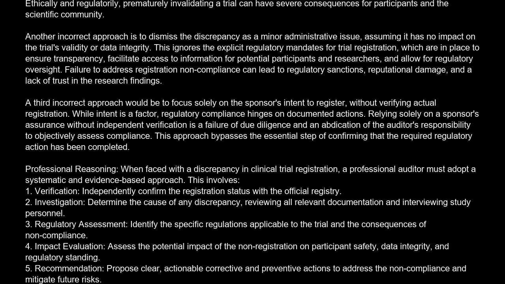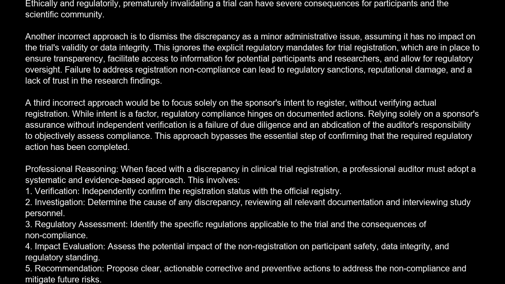Professional reasoning. When faced with a discrepancy in clinical trial registration, a professional auditor must adopt a systematic and evidence-based approach. This involves: 1. Verification. Independently confirm the registration status with the official registry. 2. Investigation. Determine the cause of any discrepancy, reviewing all relevant documentation and interviewing study personnel. 3.